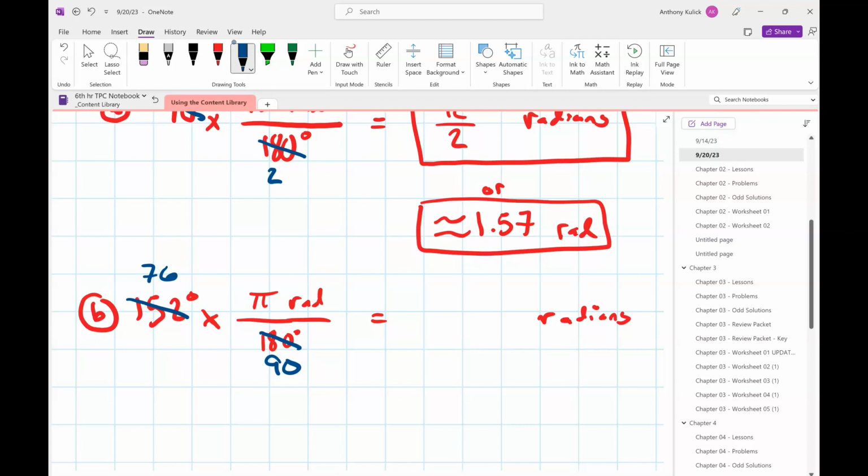What do you notice? Or is that as simple as we can go? They're both even, so we certainly can divide them again, right? So let's do that. 38.